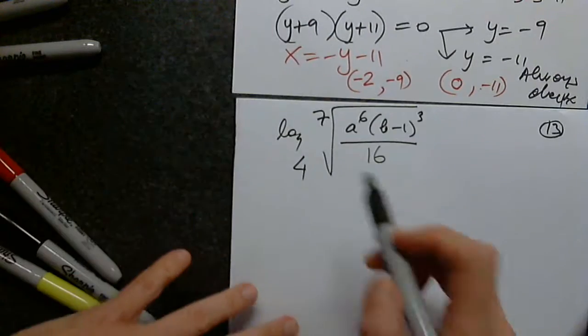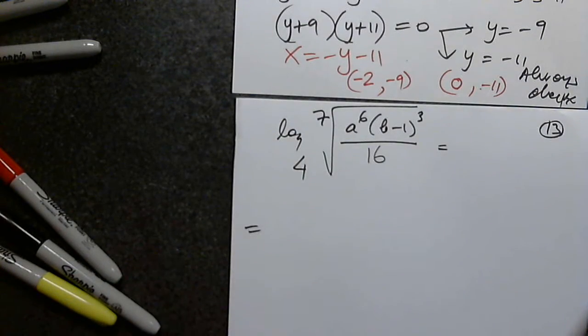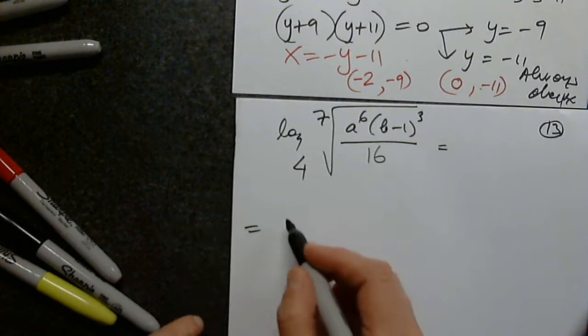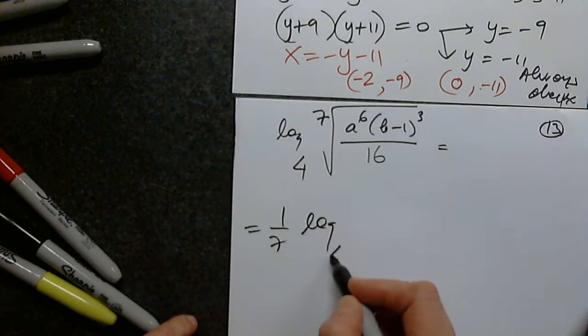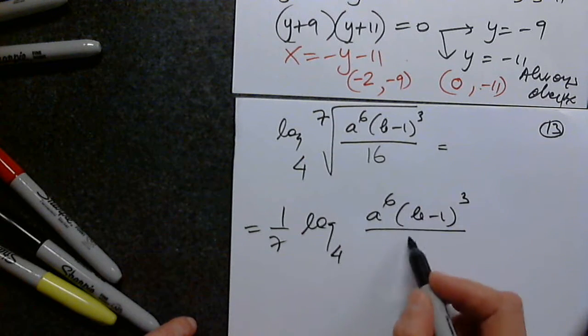Okay, obviously I have to address the 7th root first. What does the 7th root mean? It means a power. Which power? 1 over 7. So I put it in front. 1 over 7, log base 4 of a to the 6th, b minus 1 to the 3rd over 16.